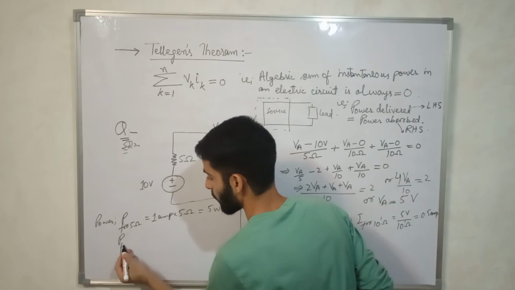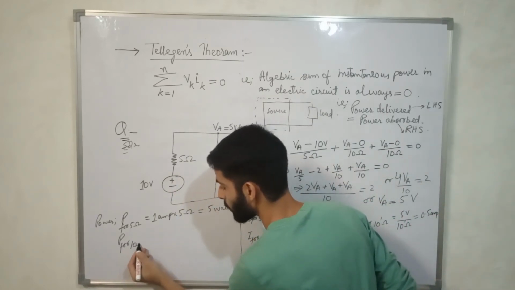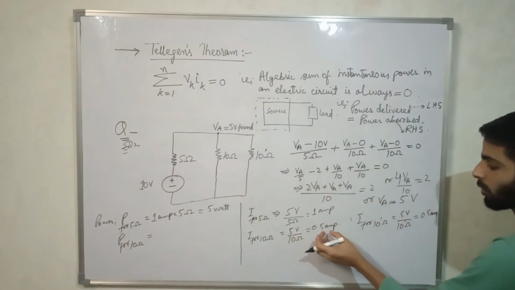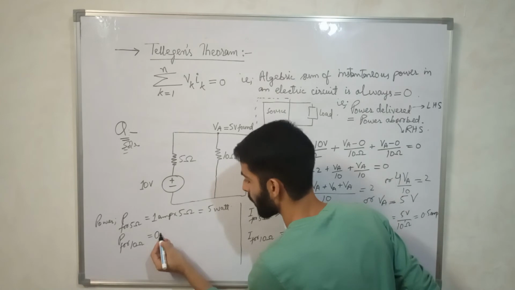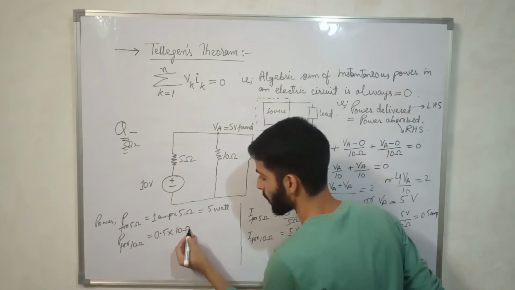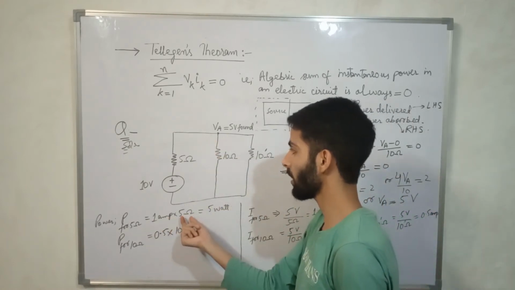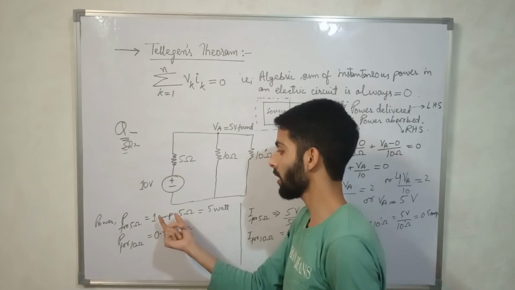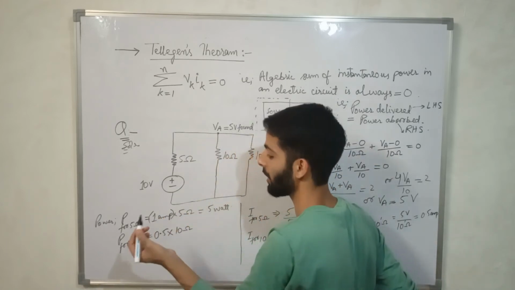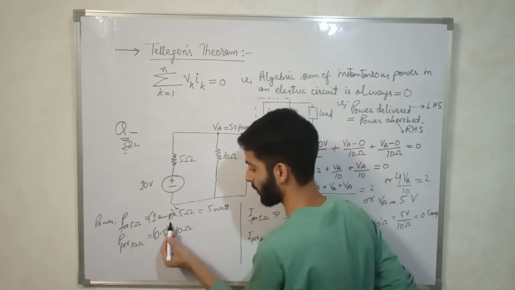Power for this 10 ohm is equal to, how much is the current for 10 ohm? 0.5 ampere, multiplied by 10 ohm. Sorry, power is not current into resistance, but current square into resistance. We have to square it. 1 will always remain 1 as its square.